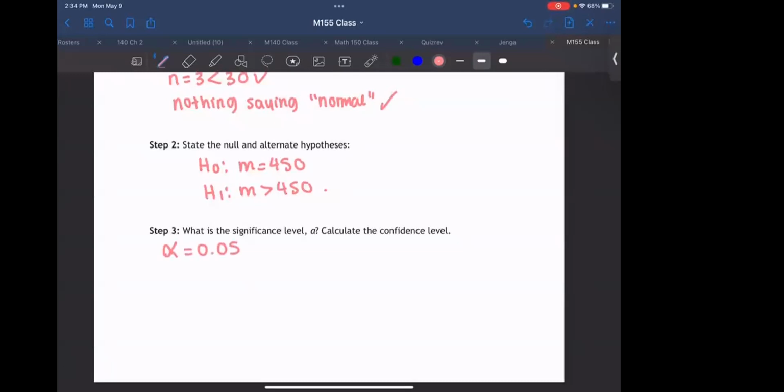Can someone remind me of that confidence level again? 95%, good. It was 95%, but to find it, we would plug it into the formula. 100 times 1 minus 0.05. I like to do the subtraction first, 0.95. And multiplying that by 100, we get 95% as our confidence level. Okay, so that's how I knew I had to type in 95 in the Minitab.